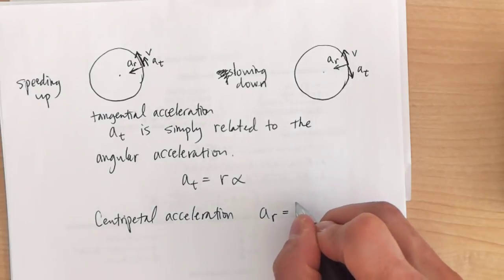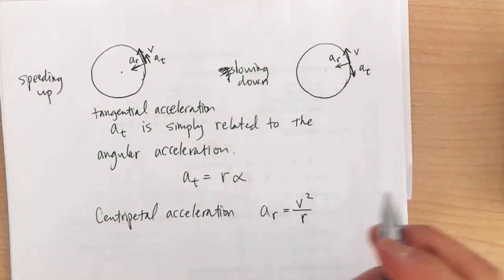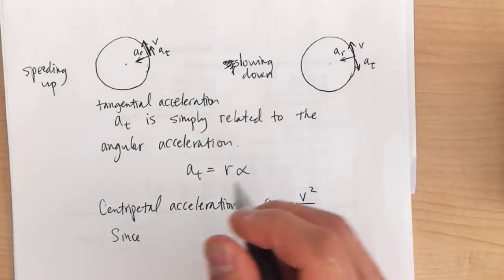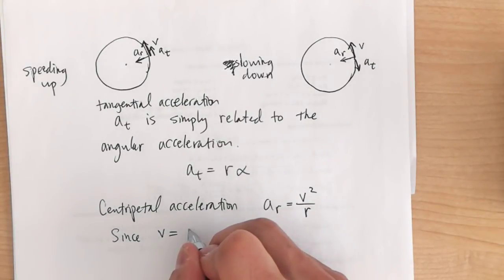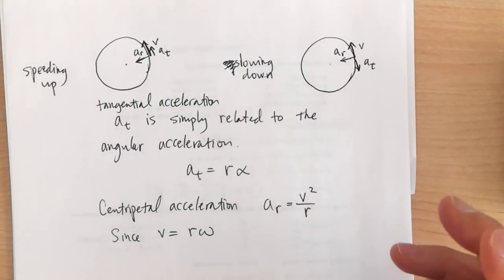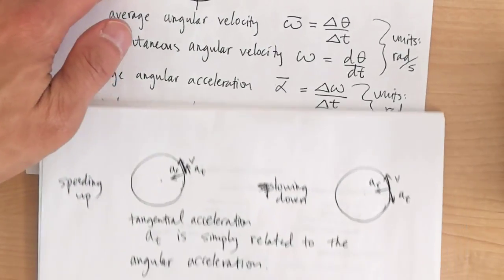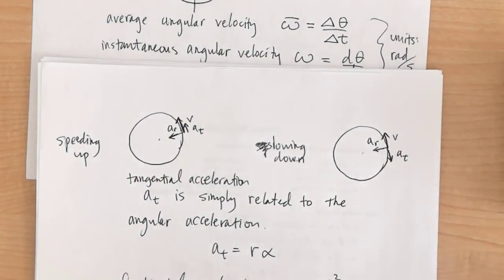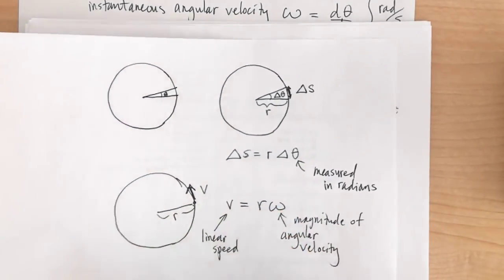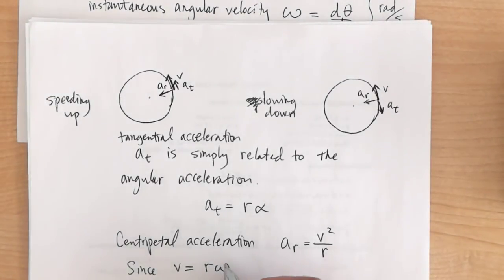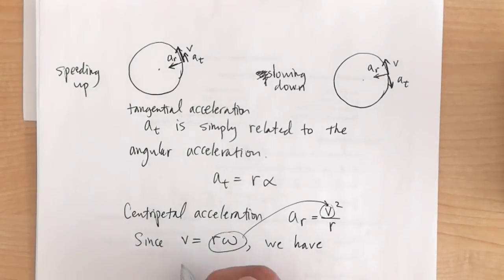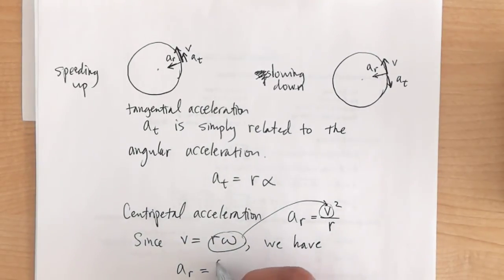That's a_r, we said it's v squared over r, but since v is equal to r times omega, that's what we had just before, we can plug this in here for v, and we have that a_r, the centripetal acceleration, is r times omega squared over r, and that comes out to r omega squared.